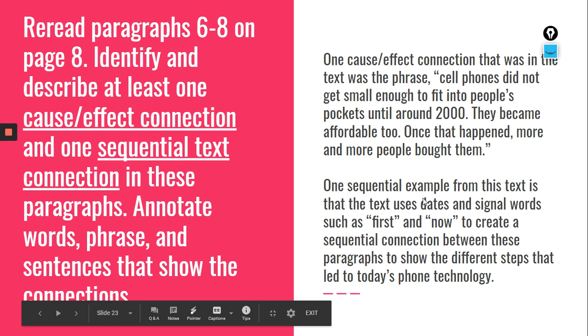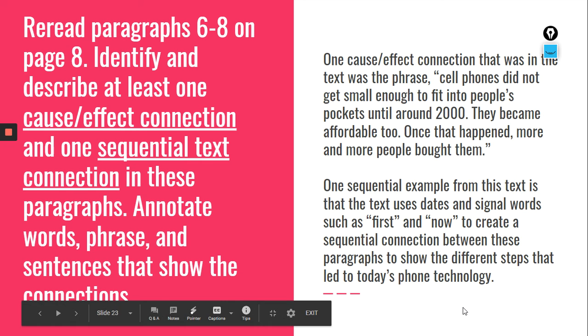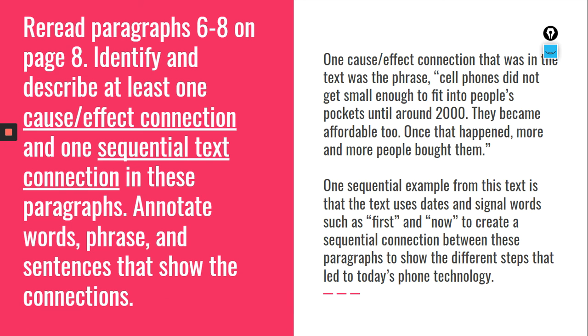So back to our question. I put my cause and effect connection here. Here's my sequential example. The text uses dates and signal words such as first and now to show the connection between the different steps that led to today's phone technology. So using those dates, it helped us see the history of phones and phone technology.